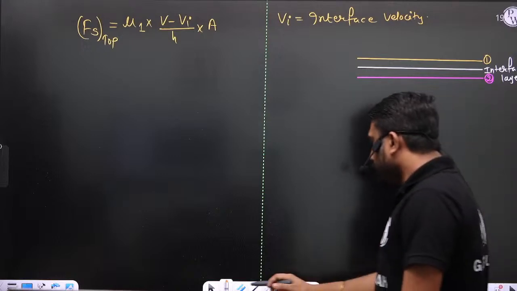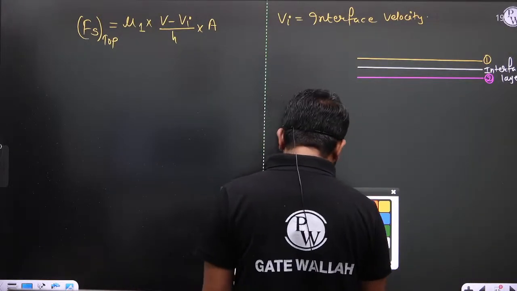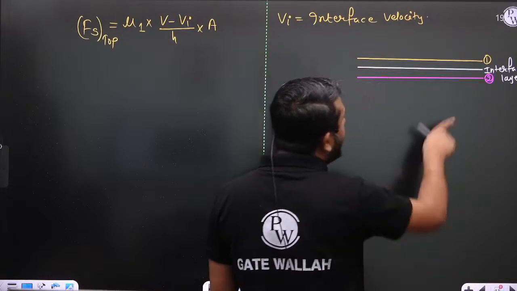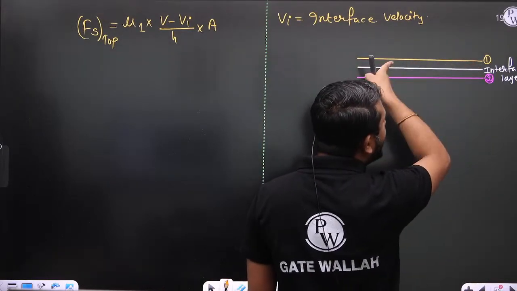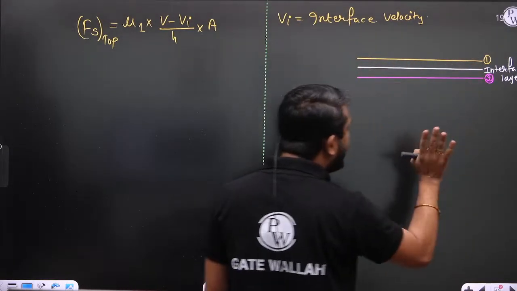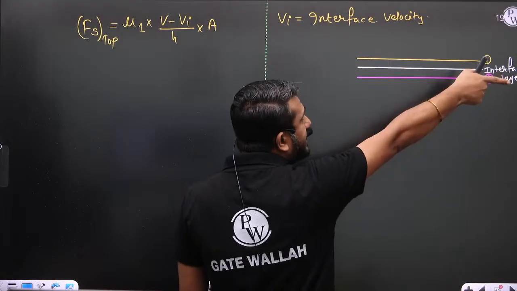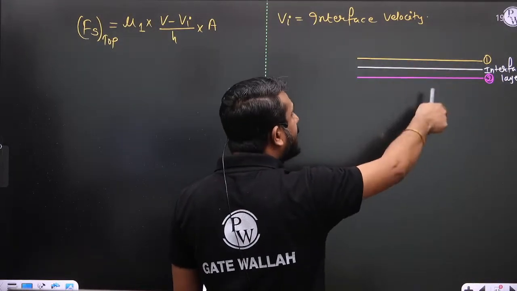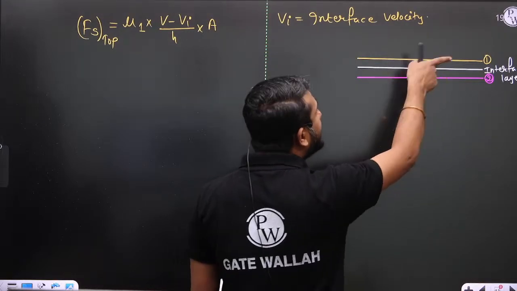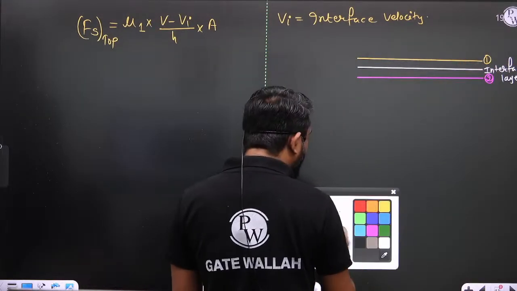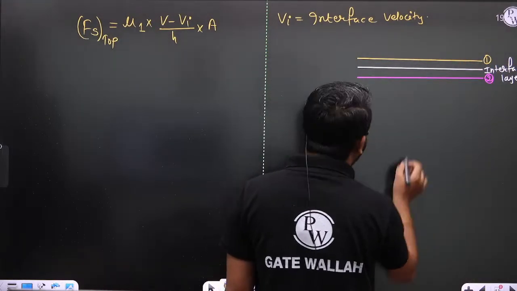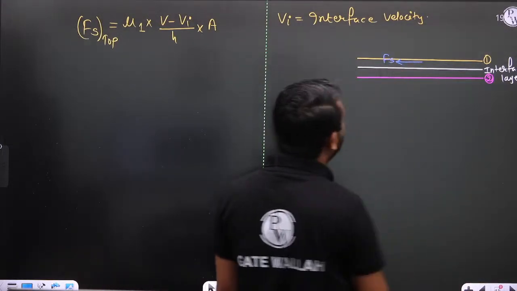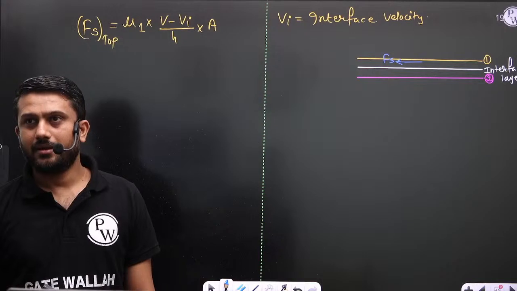Now, if I'm talking about the shear force direction, layer number 1 tries to move in the positive x direction. So if you show the resistance force in layer number 1, it is in the opposite direction, right?